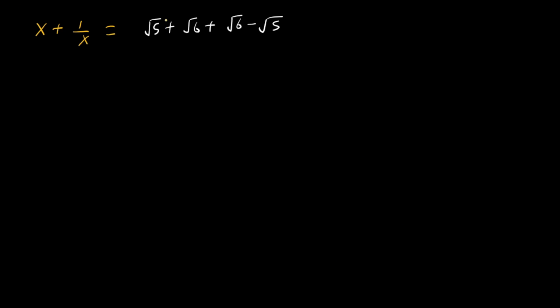Then this plus square root of 5 and this minus square root of 5 are cancelled out. On the left-hand side x plus 1 over x is equal to square root of 6 plus square root of 6, that is 2 times square root of 6.